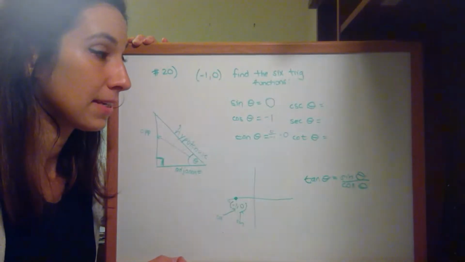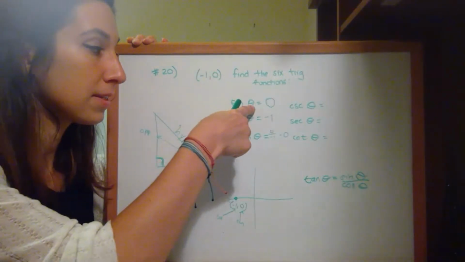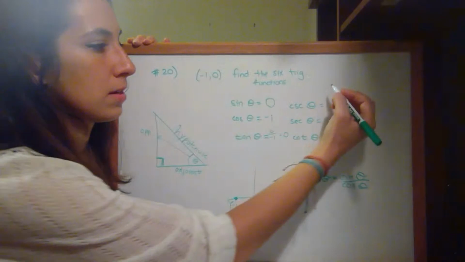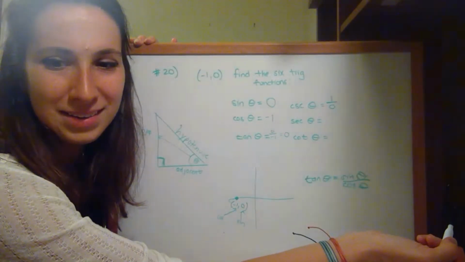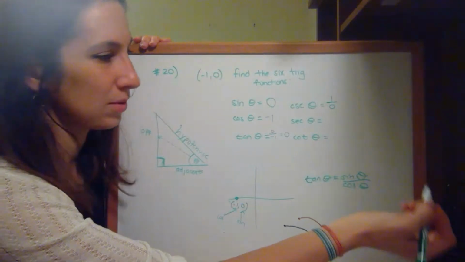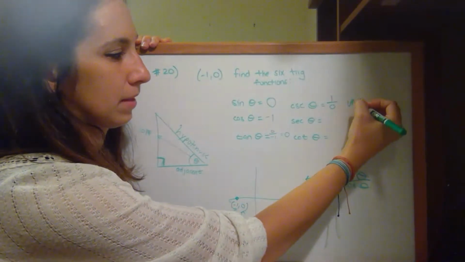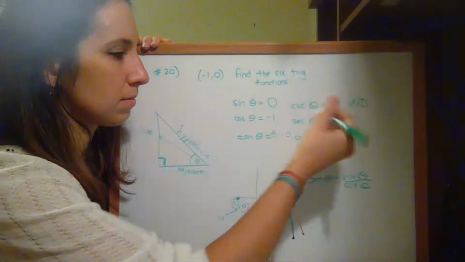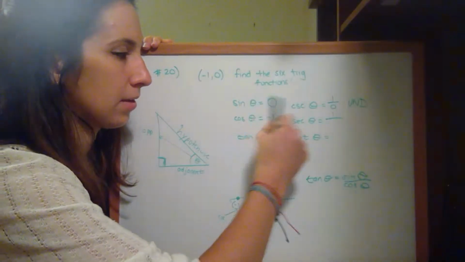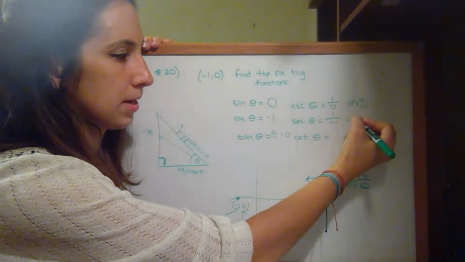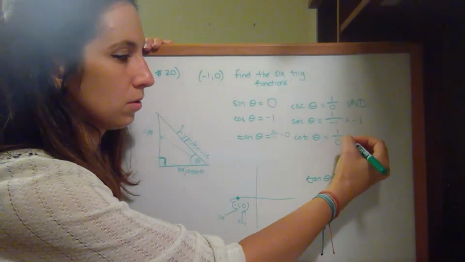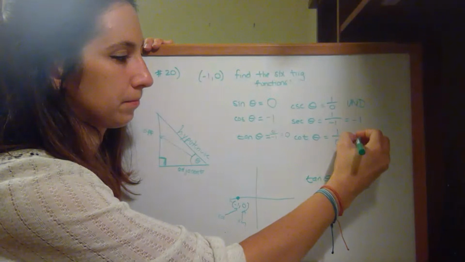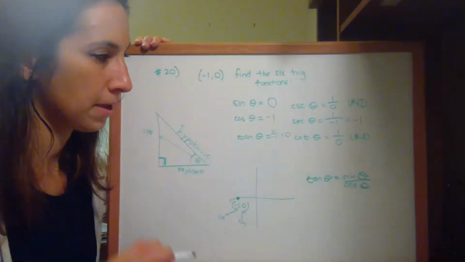Now, cosecant is the reciprocal. That means that whatever sine is, you throw it in the denominator. So that would be 1 over 0. But we can't have a 0 in the denominator, so it's undefined. This one is going to be 1 over -1, which is -1. This is going to be 1 over 0, which is undefined. Okay?